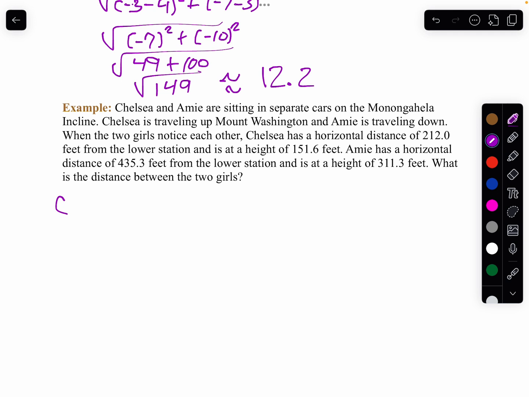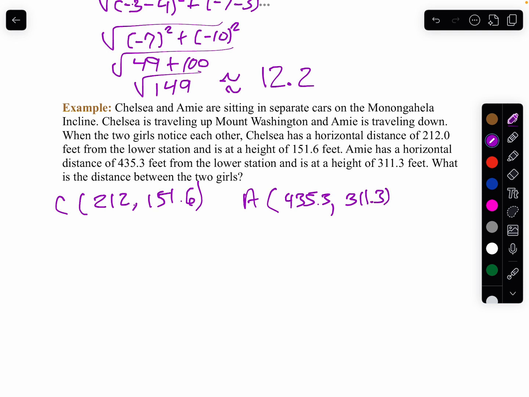So Chelsea, to call point C, horizontal is my x, so she's at 212.0. And at a height, that's my y, of 151.6. Whereas Amy, she's at a horizontal distance of 435.3 and at a height of 311.3.